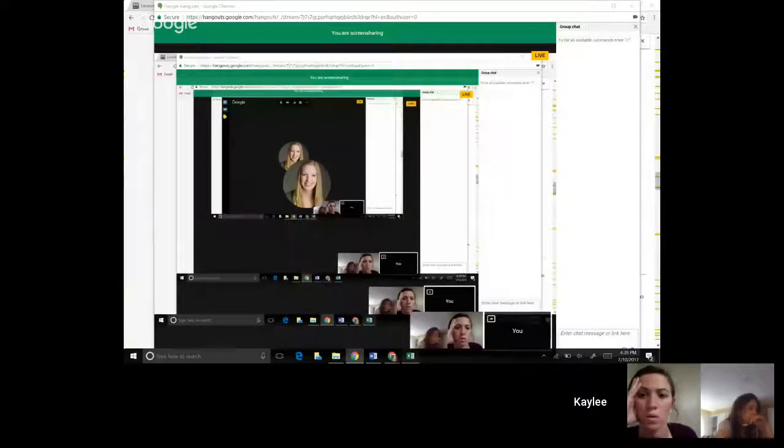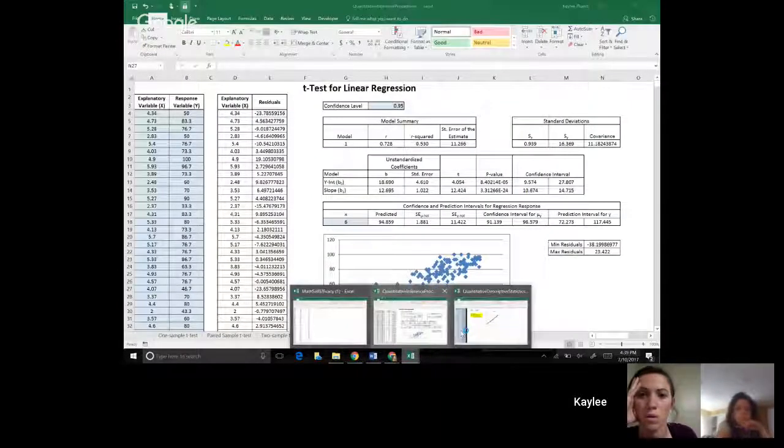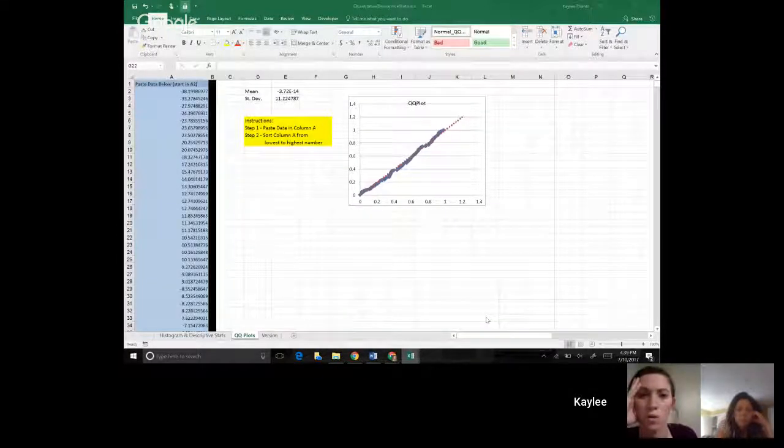Kaylee, do you have a picture of what yours looks like that you could share on your screen? What the residual pattern looks like? Screen share. That's okay. So if you take all these residuals over, copy them and put them in the QQ plot and then sort them, this is what I got for the QQ plot.